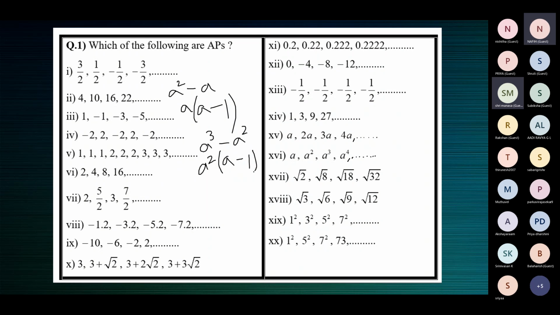Root 8 is 2 root 2. What about root 18? 3 root 2, ma'am. Root 32? 4 root 2, ma'am. So yes. In the sequence we have root 2, 2 root 2, 3 root 2, 4 root 2, and so on.